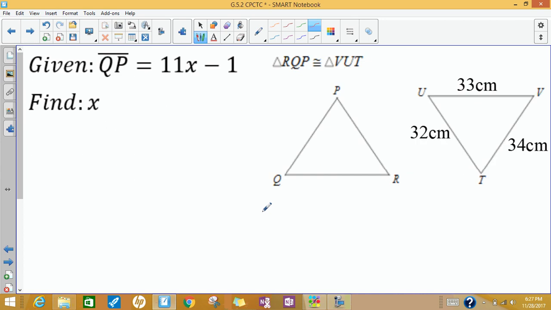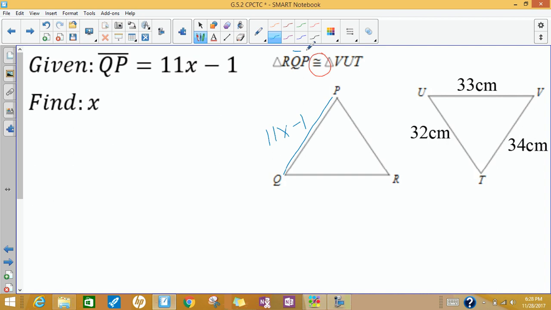Here we have two new triangles, triangle RQP and triangle VUT, and I'm telling you they're congruent using that symbol. And I've given you all the side lengths in UVT, and I've given that side QP is 11x minus 1. So if I want to find x, I need to figure out which side in VUT corresponds to QP.